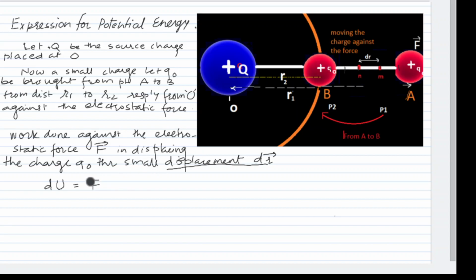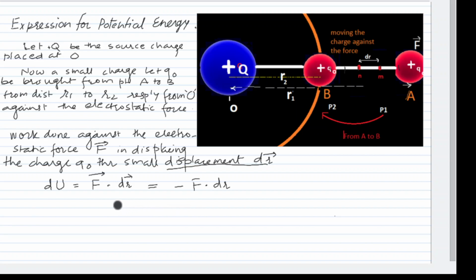The opposite force of the electrostatic, into dr. So this displacement is against the electrostatic force. In magnitude whenever you are writing, you denote minus F into dr, where the minus sign shows the opposite nature of the force.